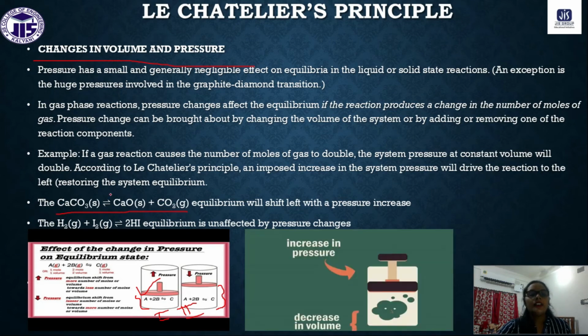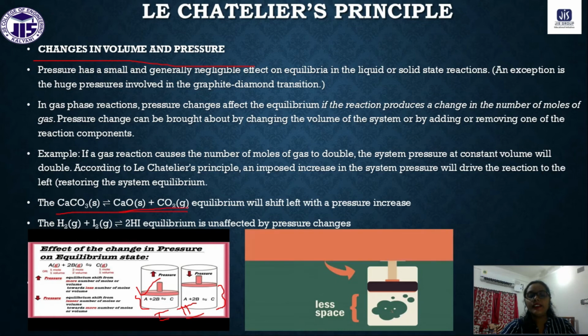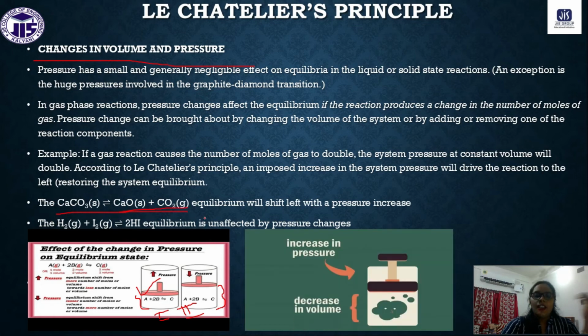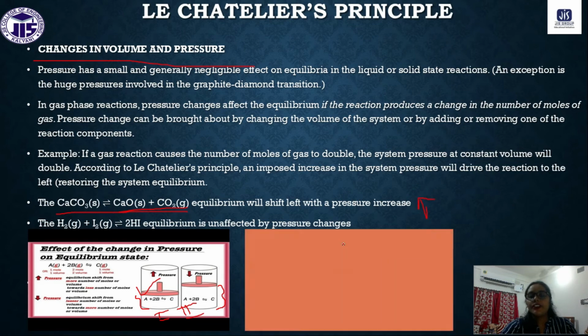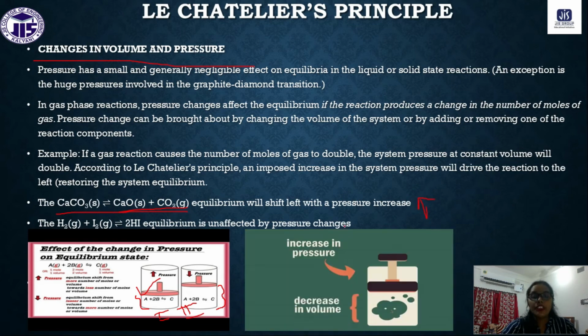Look here, the calcium carbonate solid. From one molecule of calcium carbonate we are getting two molecules, right? For this reaction, if we increase the pressure, in which direction will the reaction go? Obviously, pressure increase means the volume is less.